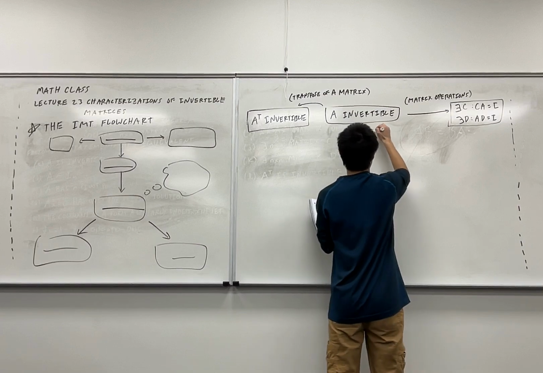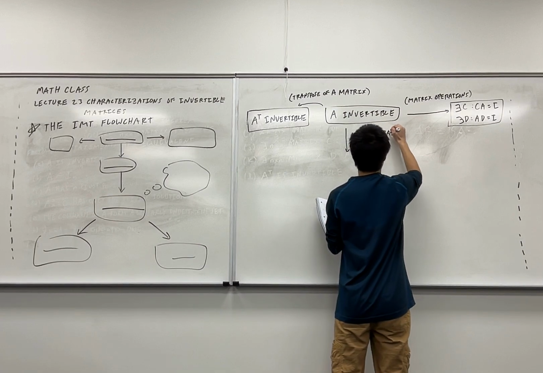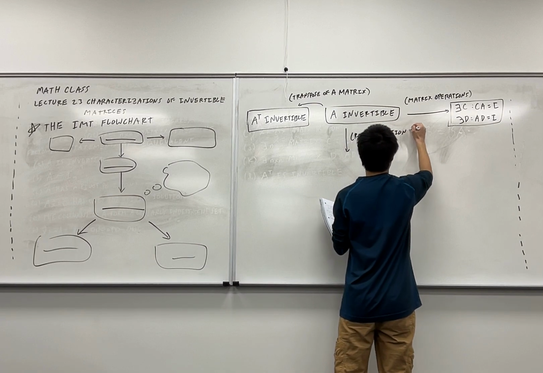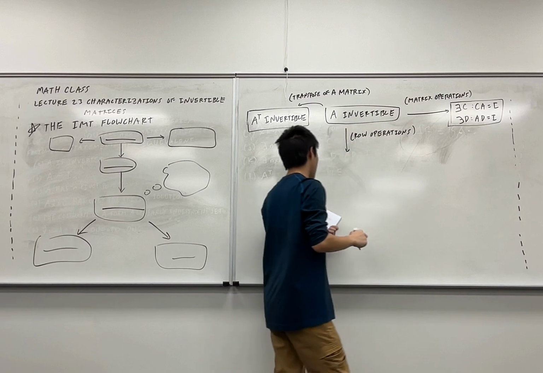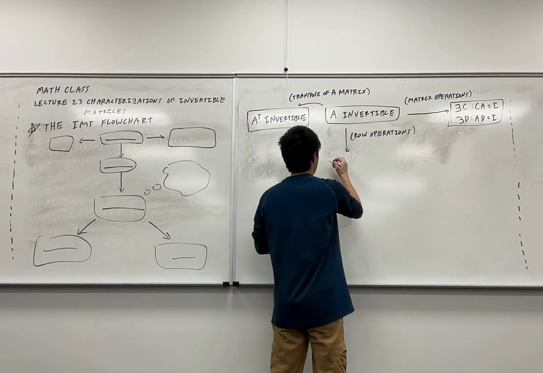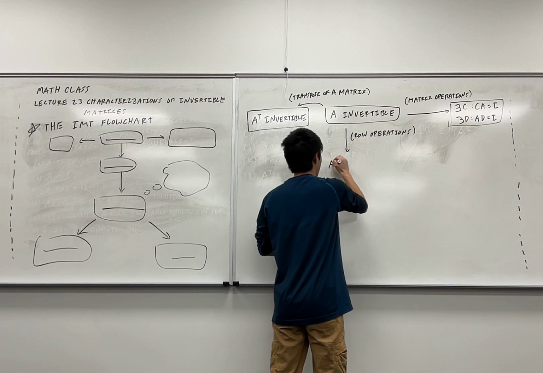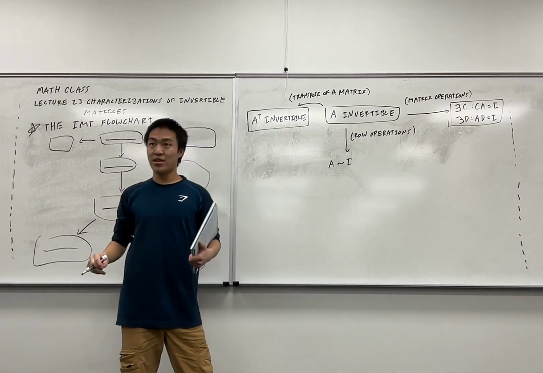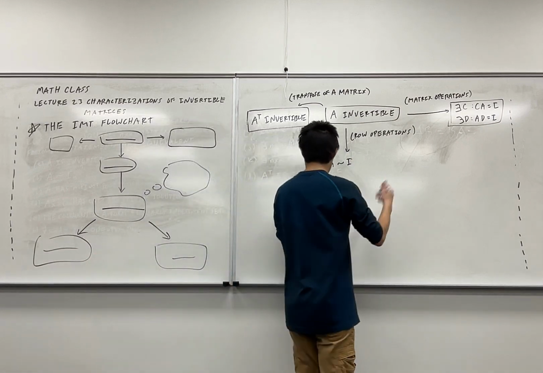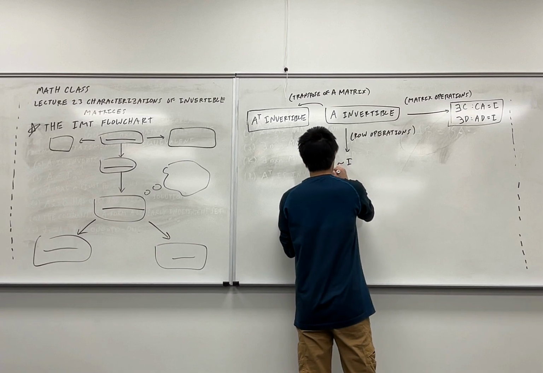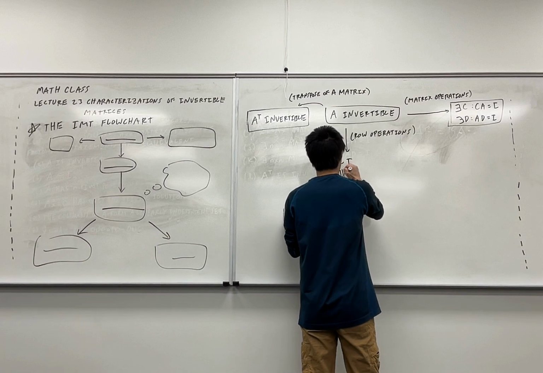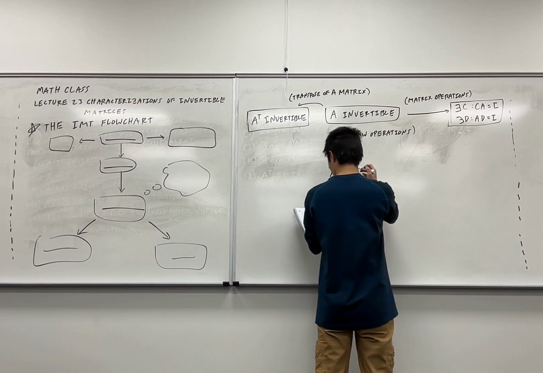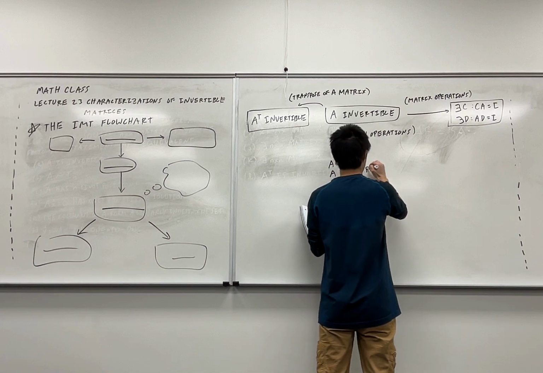Row operations. What kind of insights do the row operations give me? Well, that tells me in our procedure that our matrix, if invertible, can be reduced to the identity matrix. And part of that implies, so these kind of go together, that A has how many pivots?